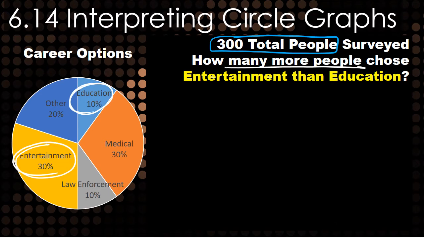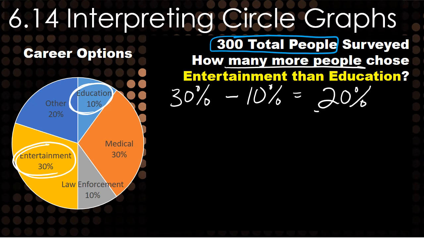Our very first step, before our two main steps, is to figure out the percent difference between entertainment and education. If I do 30% minus 10%, there's a 20% difference. We're going to use 20% to answer the question.